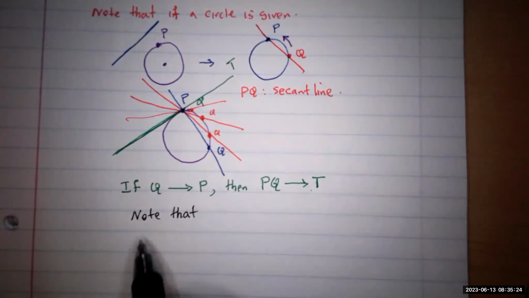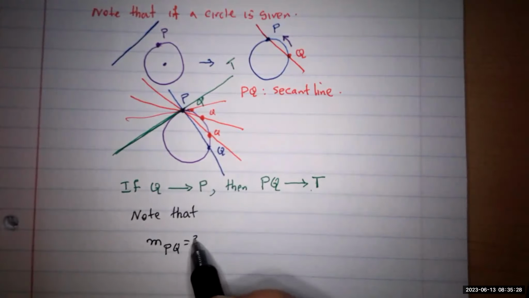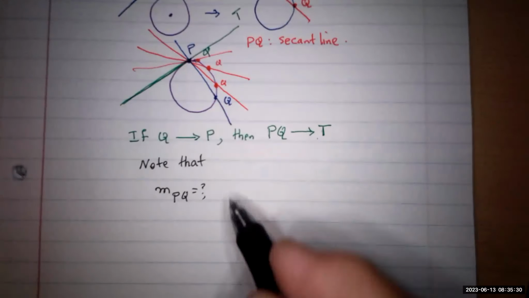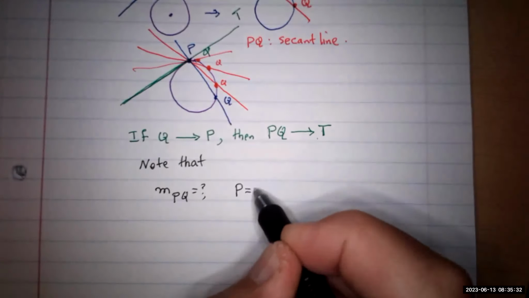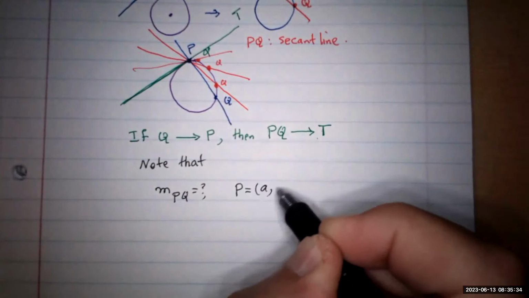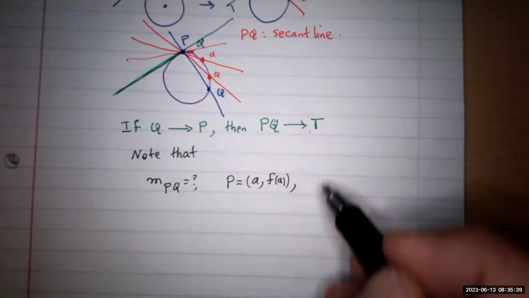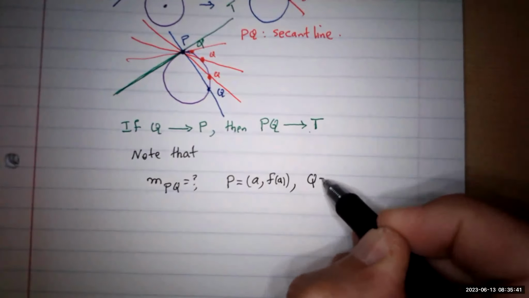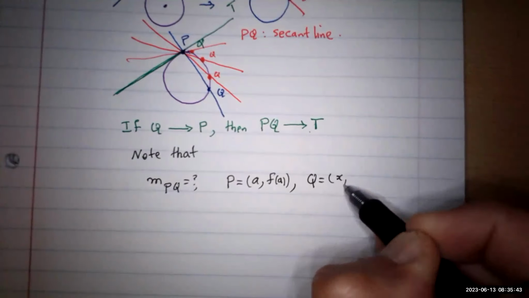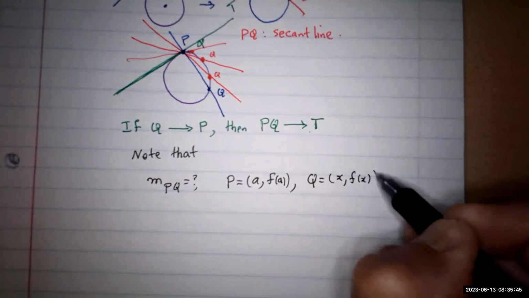Let's find out what the slope of the secant line is going to be. Remember, P is the point A and f of A on the graph, and the point Q is just an arbitrary point, so it's going to be x and f of x.